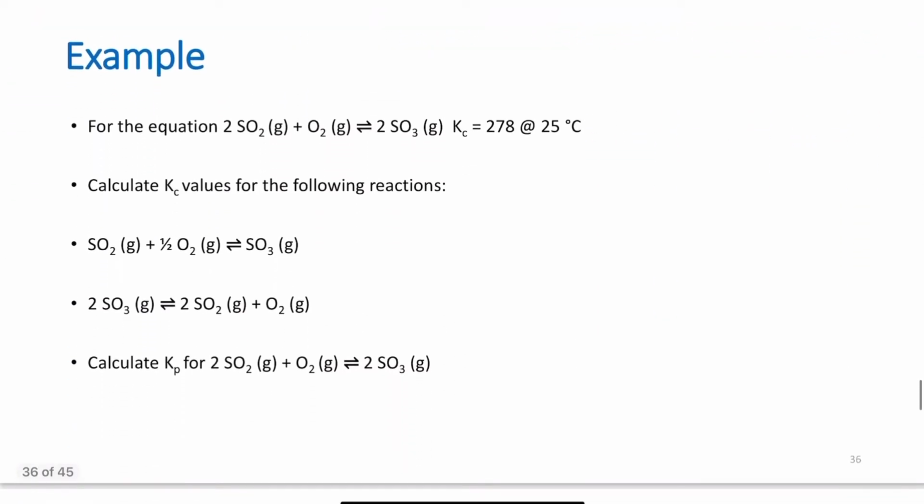For the equation, 2 moles of SO2 reacting with 1 mole of O2 in equilibrium with 2 moles of SO3, everything's in the gas phase. Kc is 278 at 25 degrees C. I want to calculate Kc values for the following reactions. SO2 gas plus a half of O2 gas in equilibrium with SO3 gas.